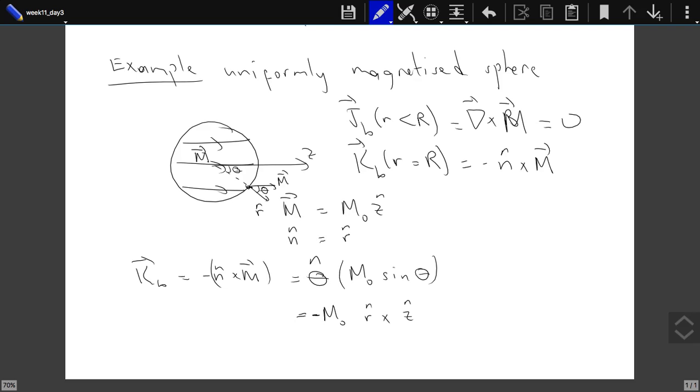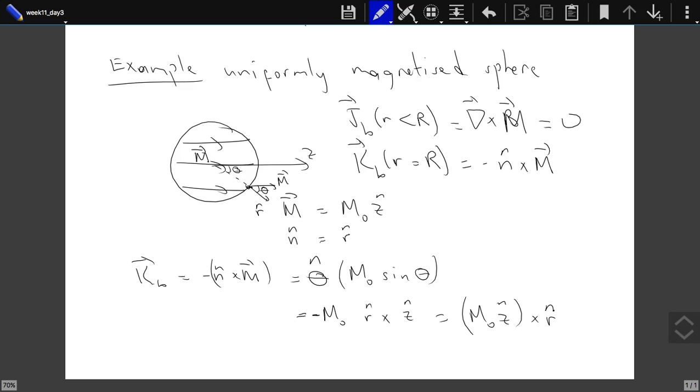But you see, this is nothing but the, right? Or let's write this in this form, M0 Z hat cross R hat. So there is only a surface current density which has this magnitude.